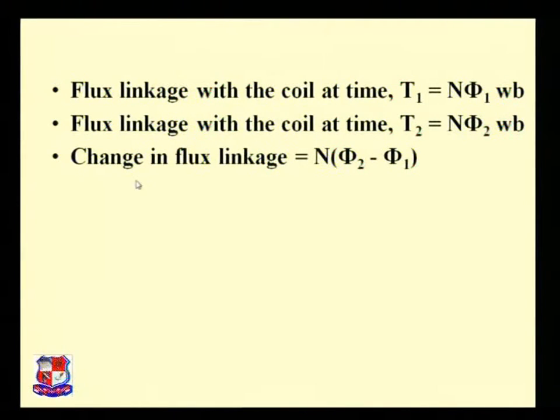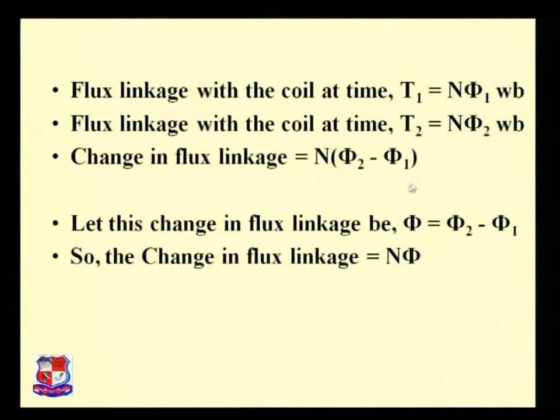Now the flux changes when we go to the 2 different positions. So the change in flux linkage equals N phi2 minus phi1, taking N common.